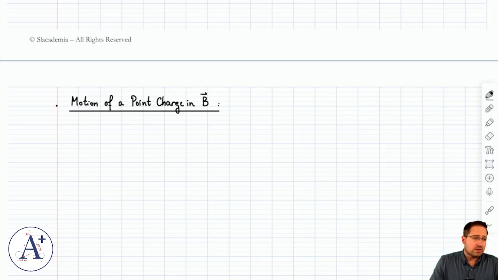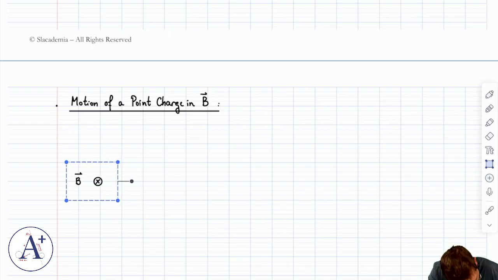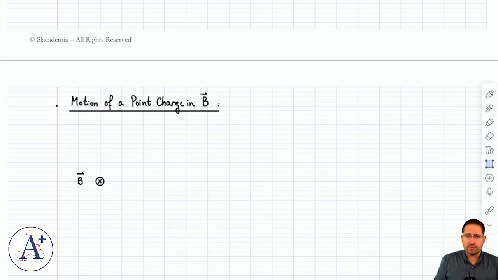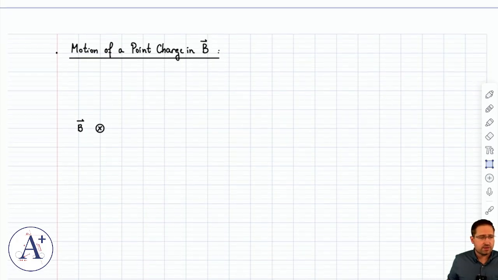Okay, so we were here, we wrote all that down. Let's now look at motion of a point charge in B. Okay, so let's say that we have a magnetic field that's into the page, created by we don't know what, it's just there. Some machine creates a magnetic field for us, and everywhere there's a magnetic field into the page on this sheet.